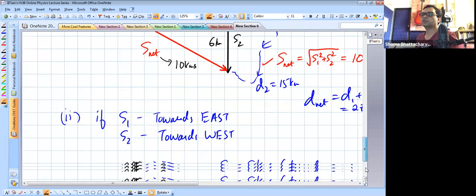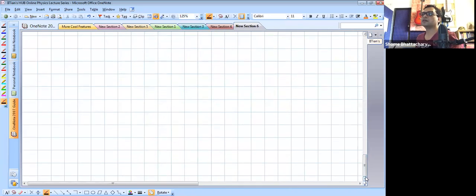So for a combination of displacements of 8 and 6, the maximum value of the net which is possible is 14, because the maximum happens when they are both in the same direction. The resultant becomes the normal arithmetic sum, 14. In no circumstances can a displacement of 8 and 6 give you a net displacement of more than 14, but there are a lot of circumstances where it can give you less than 14. We'll be discussing some of those examples.